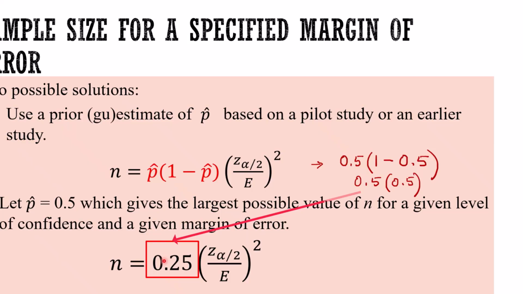All right. So in most cases, we just go with the arbitrary value of 0.5 for p hat, and our formula to use is 0.25, which is the value for this entire expression p hat times 1 minus p hat.